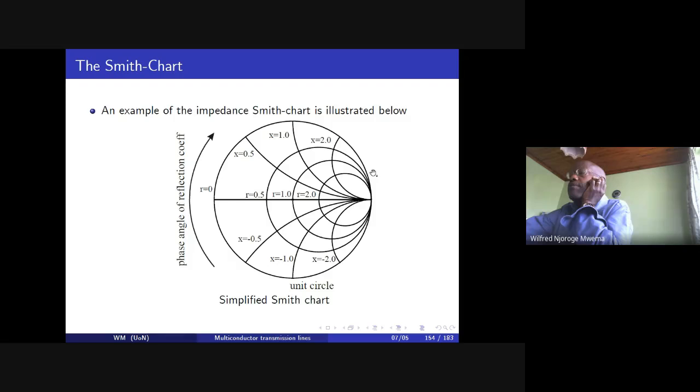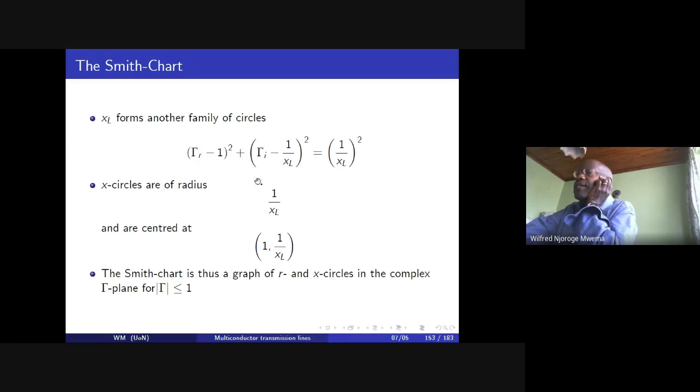You can see the center of the X circle is given by that value. So XL can be negative or positive, because it could be inductive or capacitive.